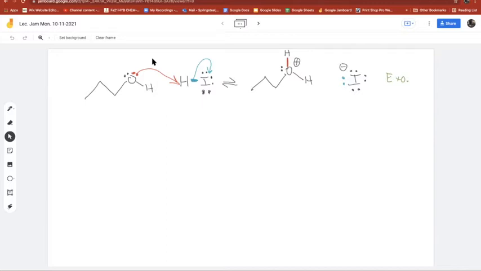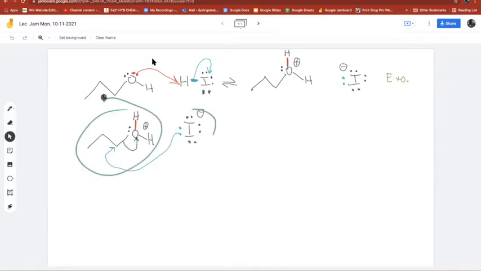Okay, and then the second step is the rate determining step, in which this newly formed iodide, we talked about this earlier, this iodide's a nucleophile. It's nucleus loving, it loves positive charge. This carbon has a partial positive charge because of the oxygen attached to it. And so this is my nucleophile, this is my electrophile.